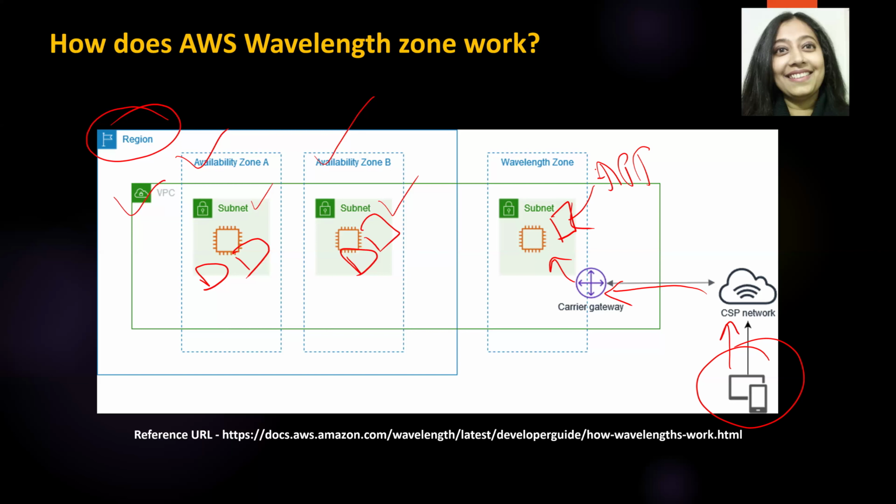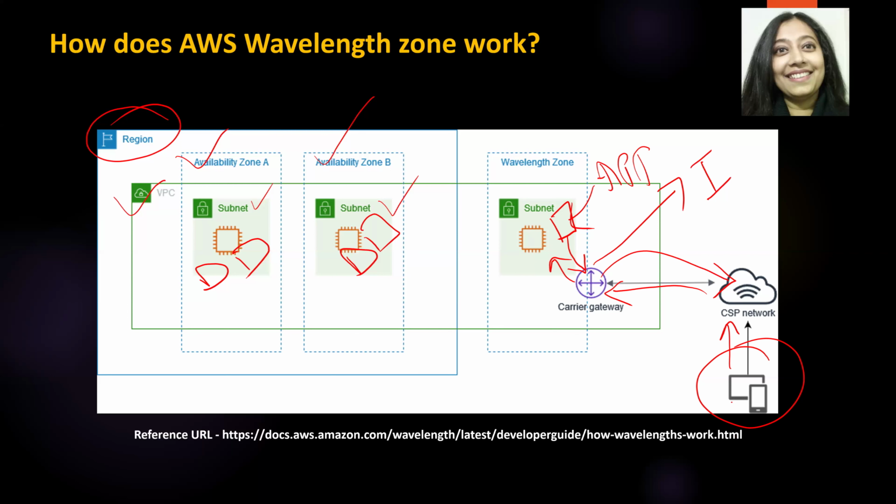Now, as we saw earlier as well, from your Wavelength Zone, the outbound communication goes via the carrier gateway, and via the carrier gateway it can go to your CSP network or it can go to your internet. So outbound goes to the CSP as well as the internet, and via the CSP it will eventually trickle down to these devices right here at the bottom.